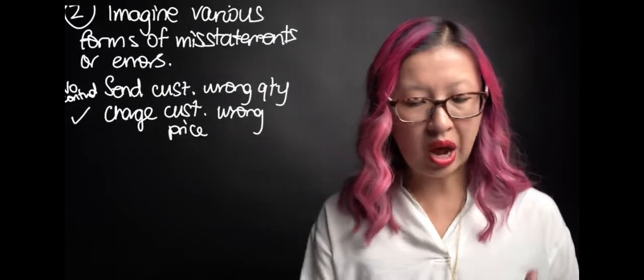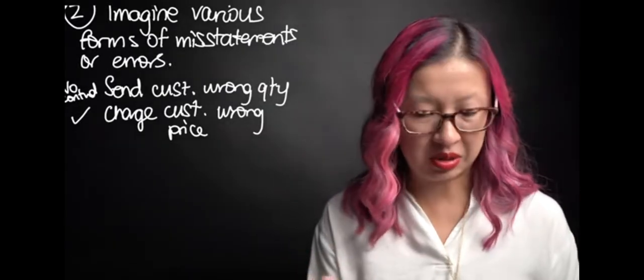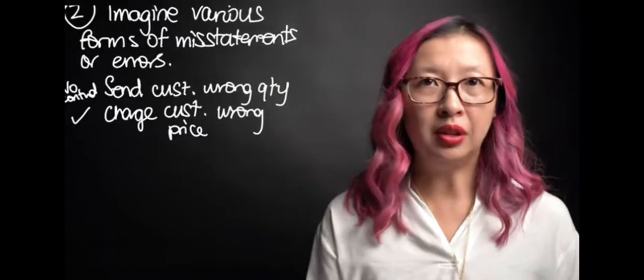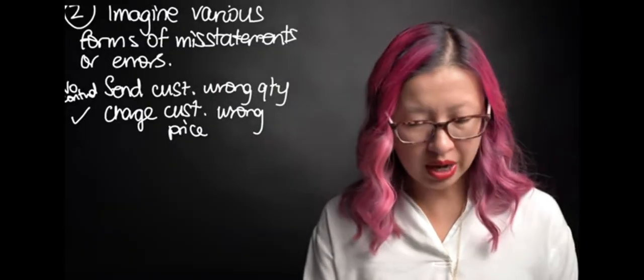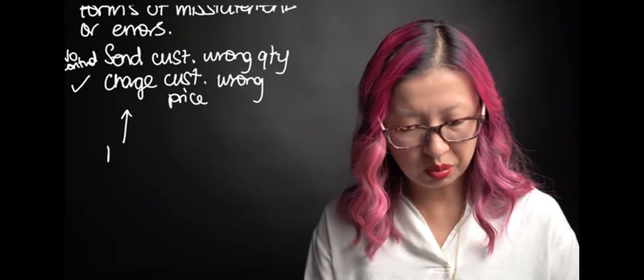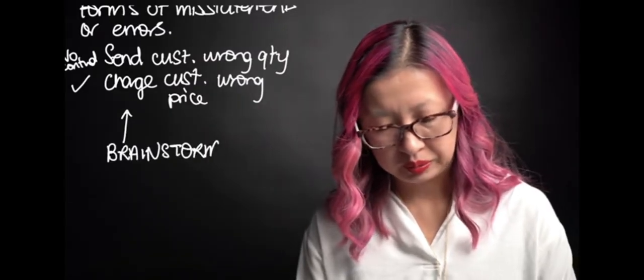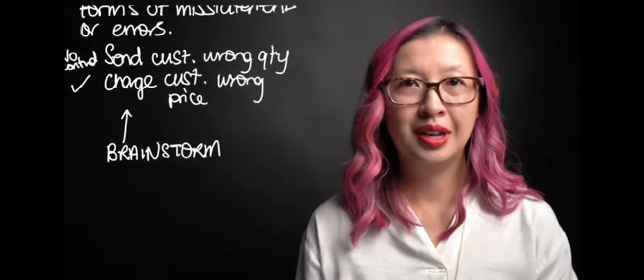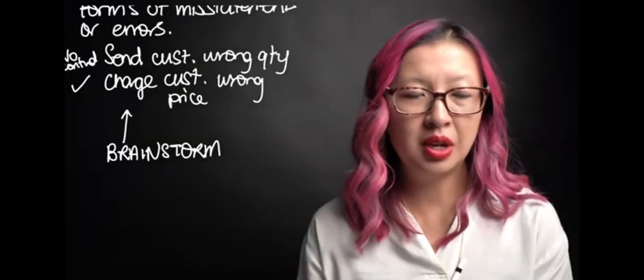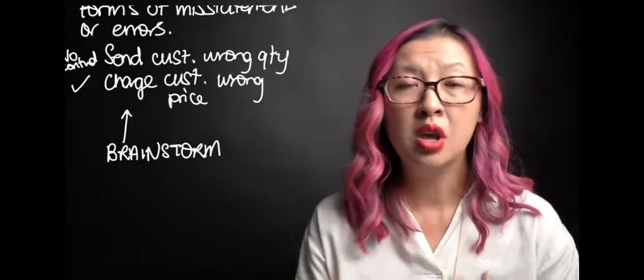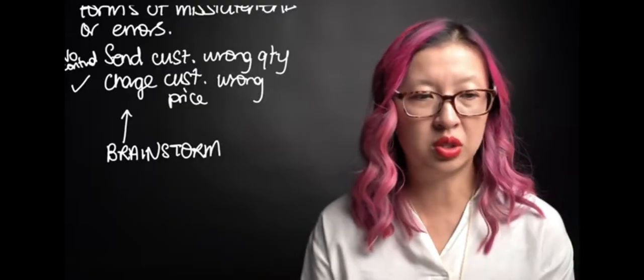So this idea of imagining potential misstatements and seeing if there is or is not a control works quite well, but it does require you to be able to brainstorm everything that could go wrong. Now, the benefit of this option is that you could really think about all the potential types of fraud or error that might happen in the financial statements.